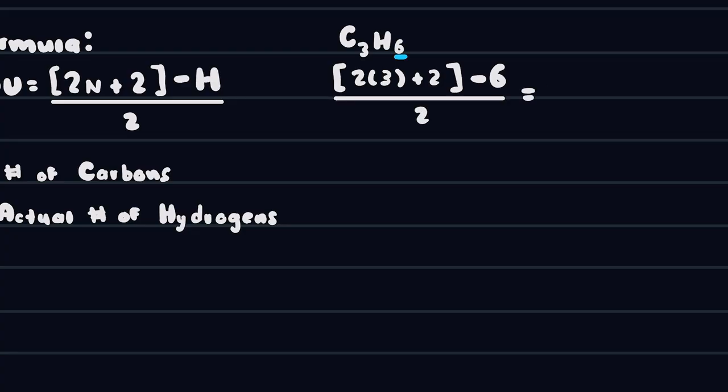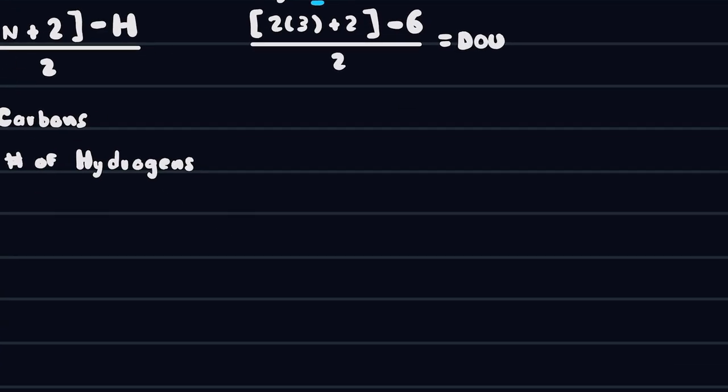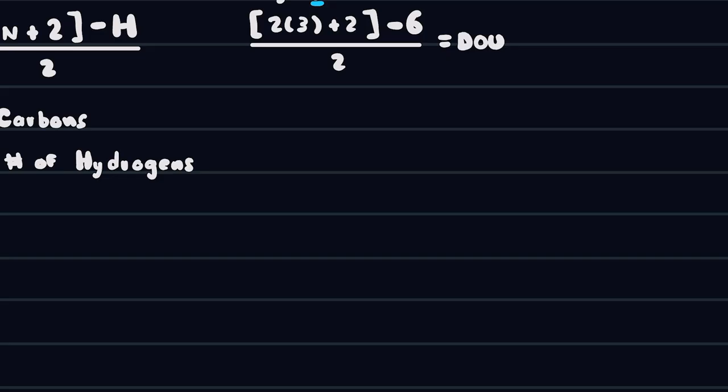And this will equal the degrees of unsaturation. So if we perform that calculation in the bracket, it'll be 2 times 3, which is 6, plus 2 is 8. So we get (8 - 6) / 2 equals the degrees of unsaturation.